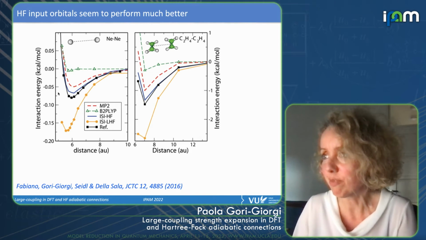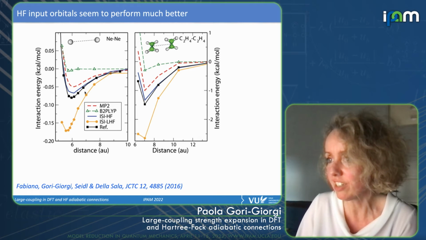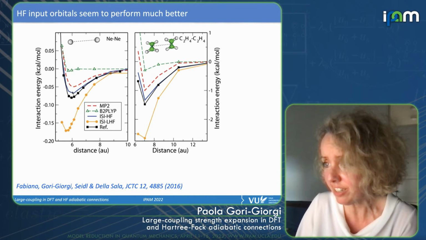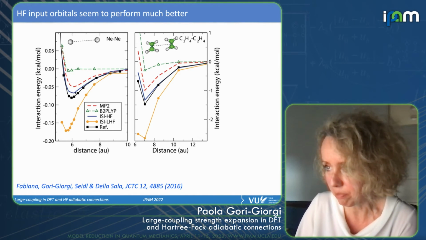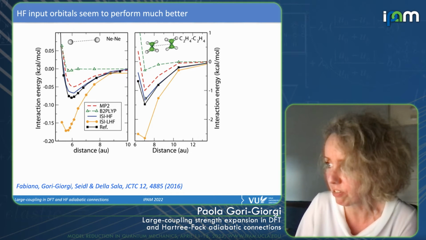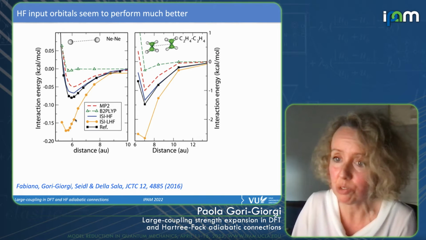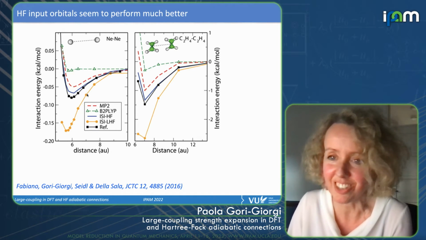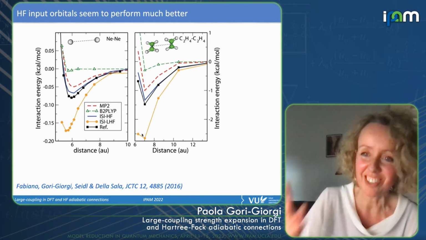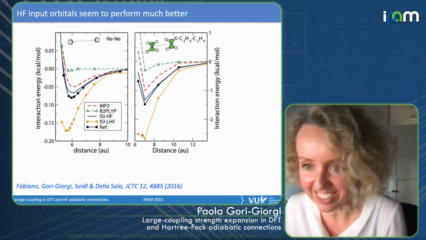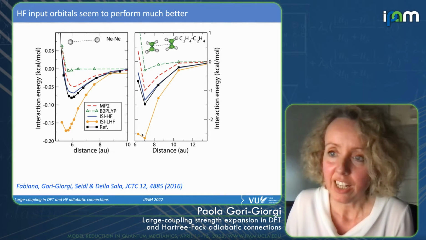And here is an example, so you see here the reference. And here the one of these interpolation formulas done with Hartree-Fock. Just for comparison, you see how bad it can be if you use instead the Kohn-Sham. So that's why I didn't want to show too much of this with Kohn-Sham.